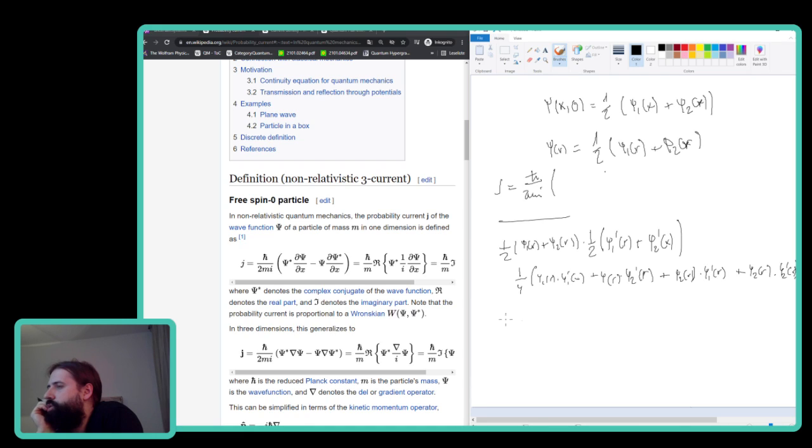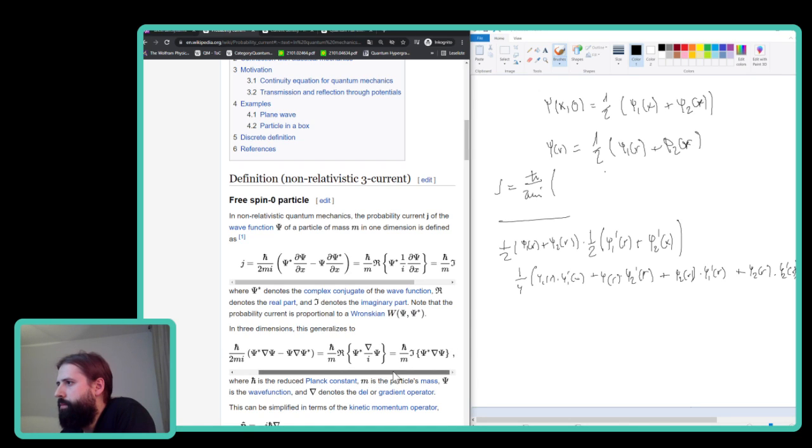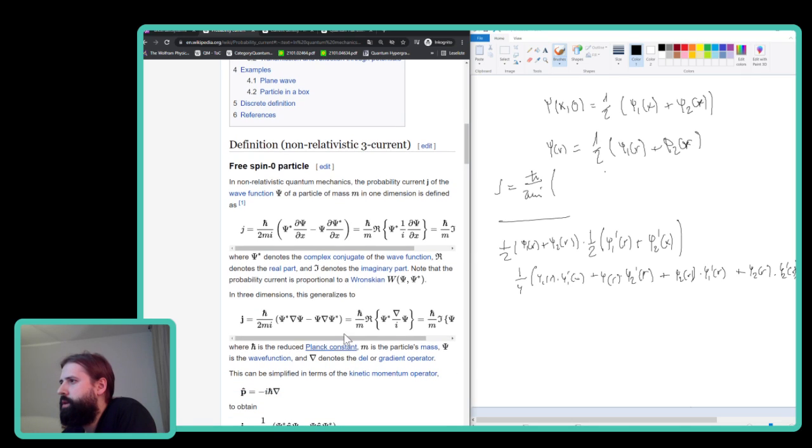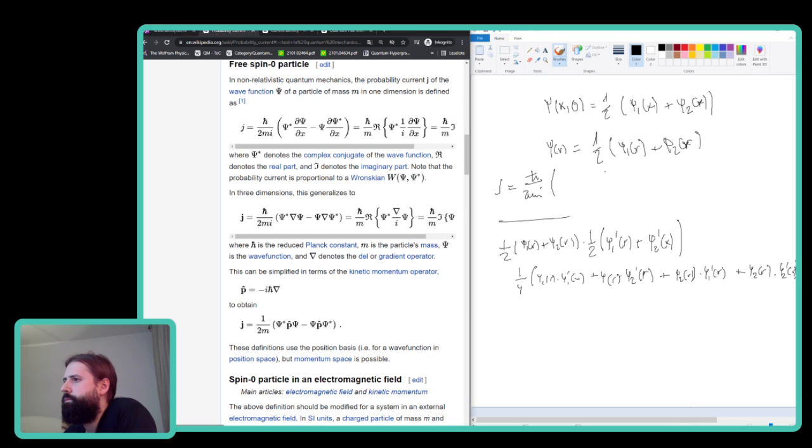But no matter how you look at it, that should just be 0. Because kinetic momentum operator.